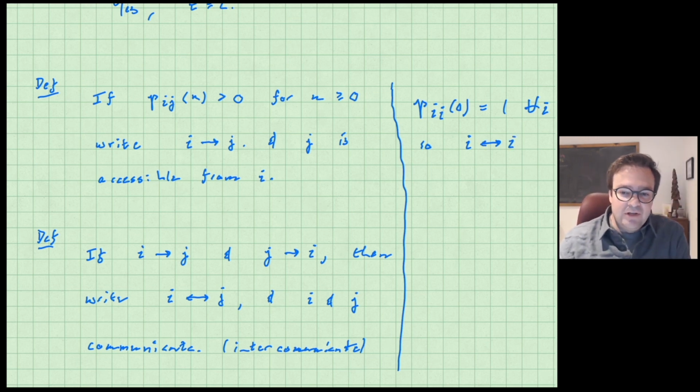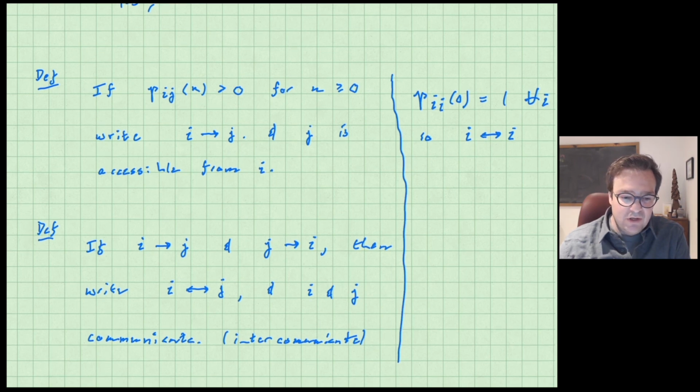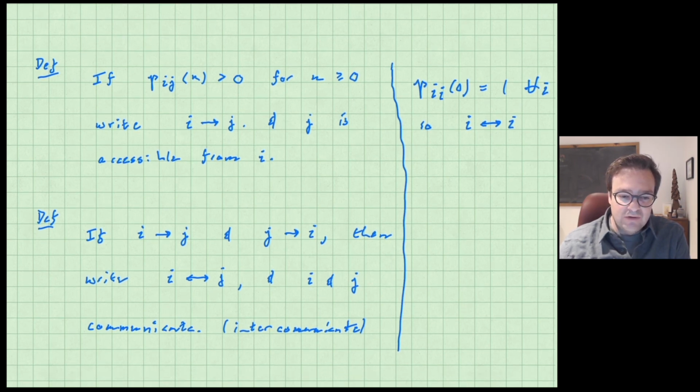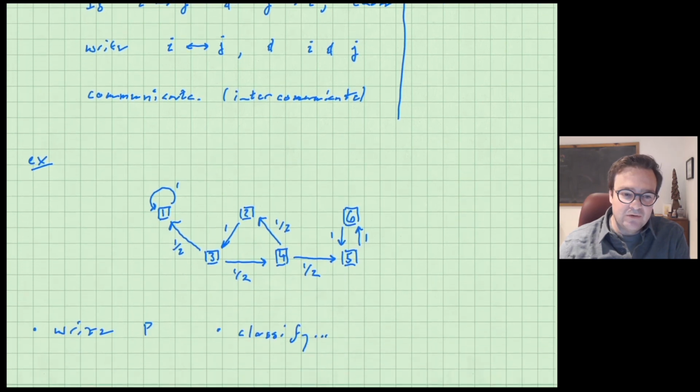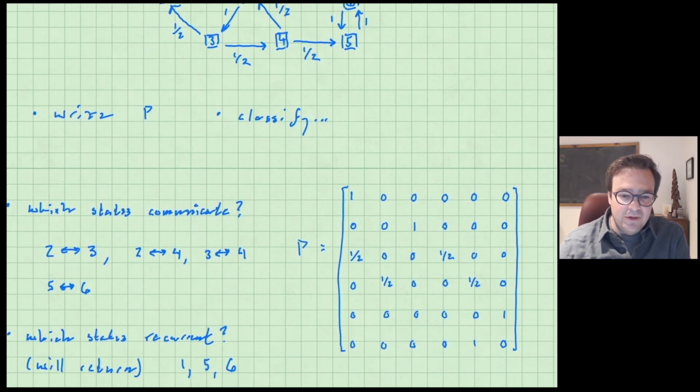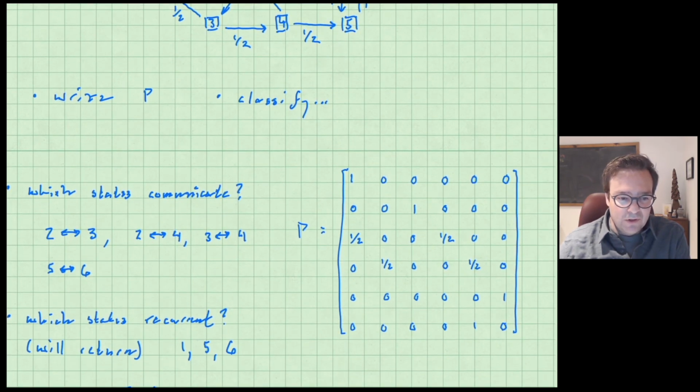That's a bit of a funny situation. I mean, this is true for all states. They all communicate with each other, with themselves. So when you get to something like this and it says list all communicating pairs of states, you don't need to list 1 and 1 or 2 and 2 and 3 and 3 and 4 and 4.